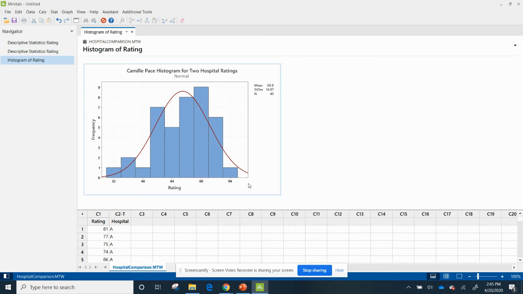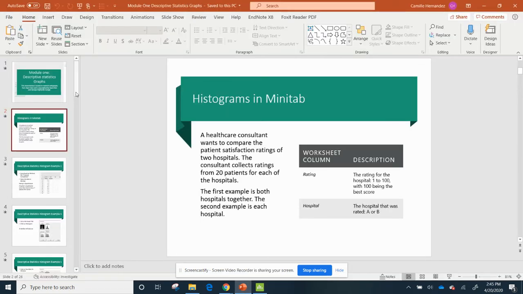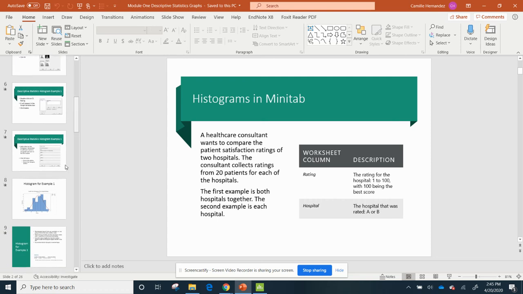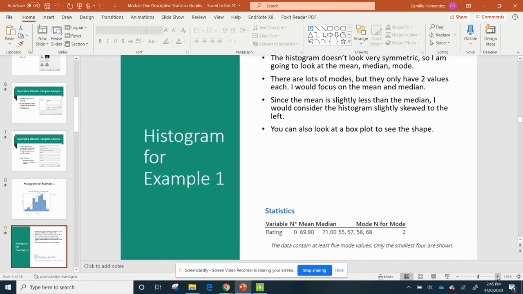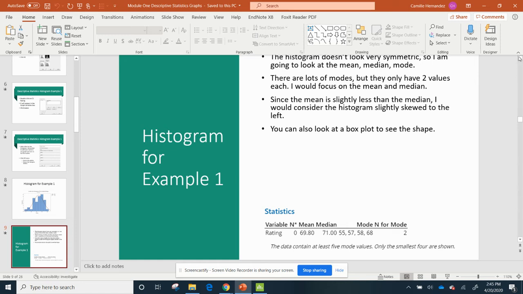So remember, my histogram is a quantitative graph, and it shows me the shape of my data. And I have the curve right here, and it doesn't look very symmetric, does it? But another way for me to look at it, and I'm going to go to the PowerPoint, is I've gone ahead and I have shown you what the values were, okay?